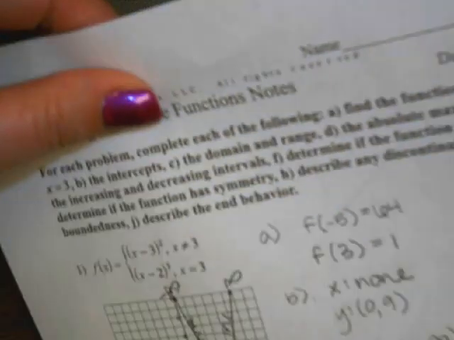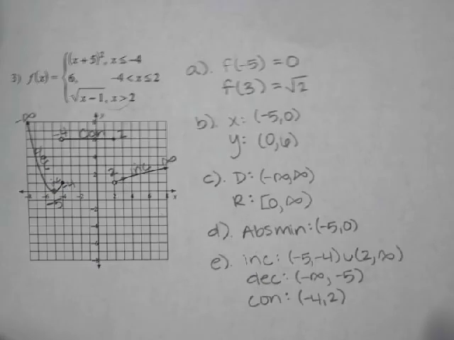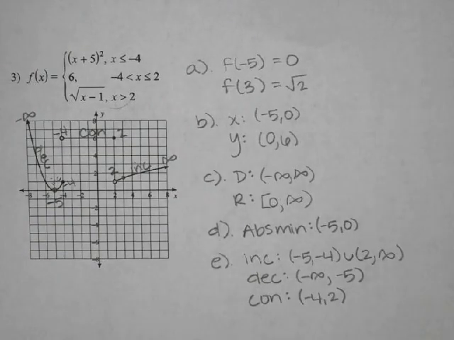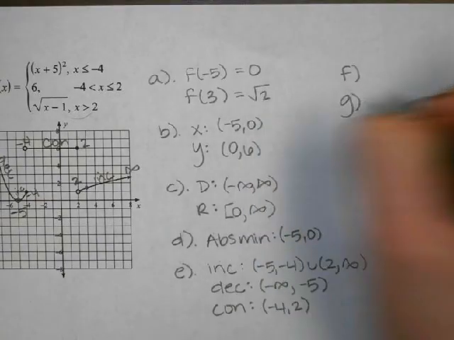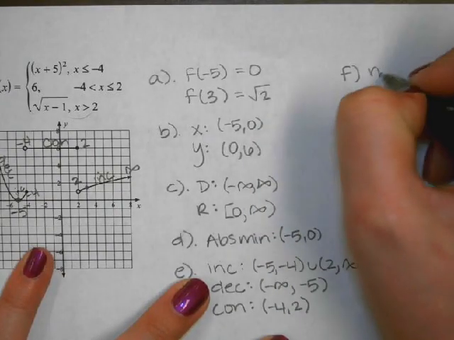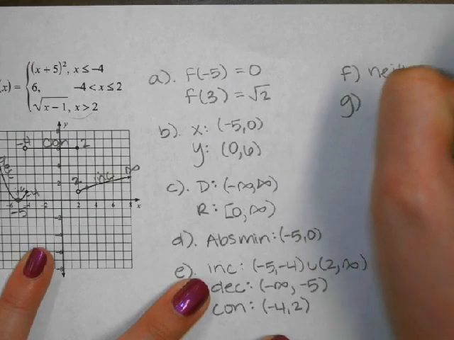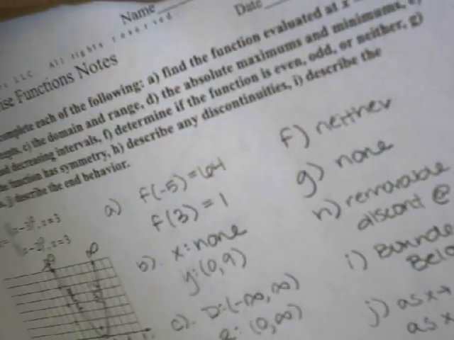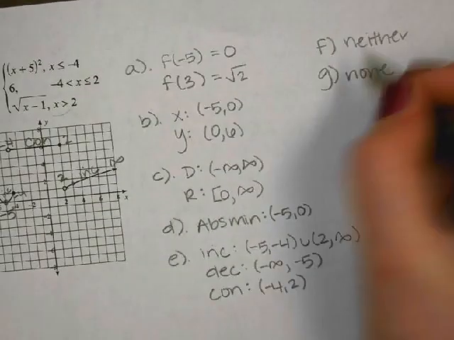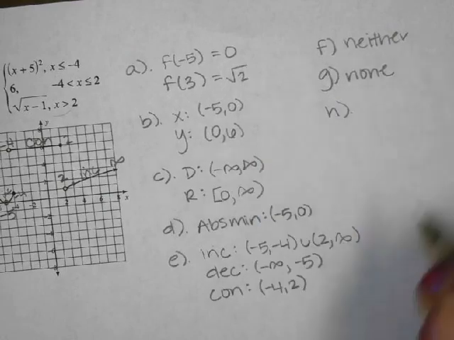All right. F and G was the symmetry. So we'll be checking for even and odd and checking symmetry. So I can see that this graph is not even or odd. It doesn't have any sort of symmetry. So next we're going to look at our discontinuities.